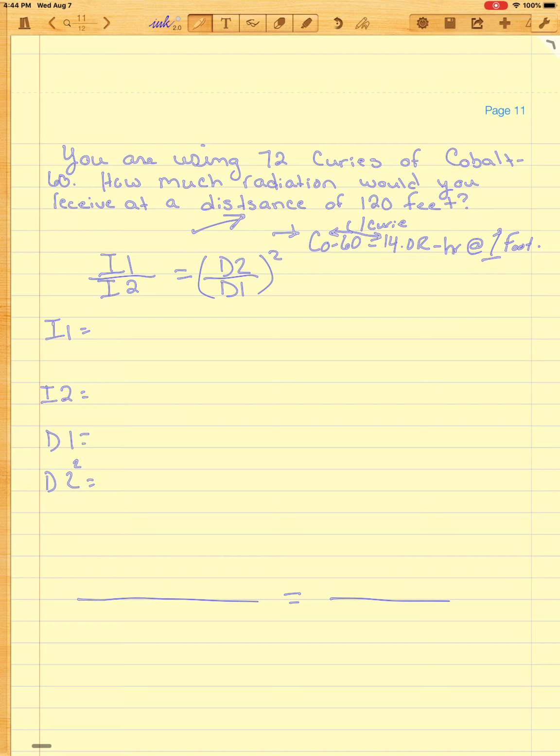foot. If we stood 1 foot from a cobalt-60 source for 1 hour, we would pick up 14 R per hour. So they have given us two things in the known. They have given us a known intensity of 14.0 at 1 curie, and they have also given us a known distance of 1 foot.